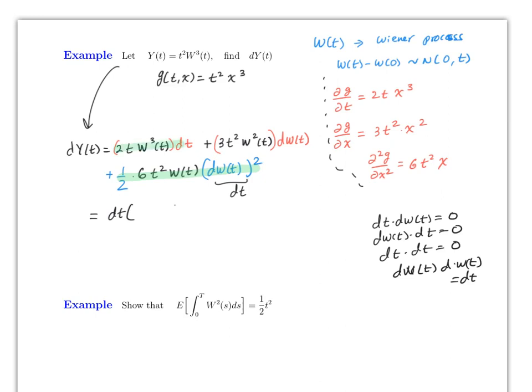So therefore that should give you (2t W_t cubed plus 3t squared W_t) dt, and then plus 3t squared W_t squared dW_t, and that's it.